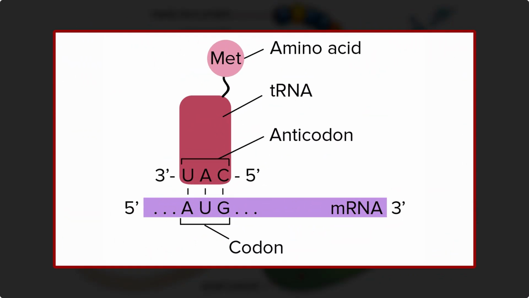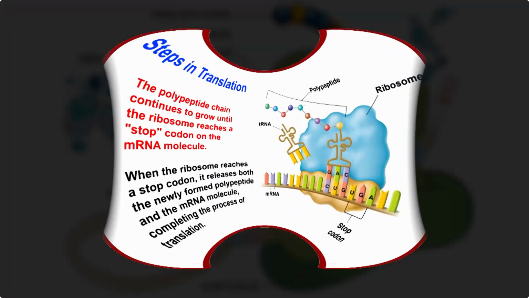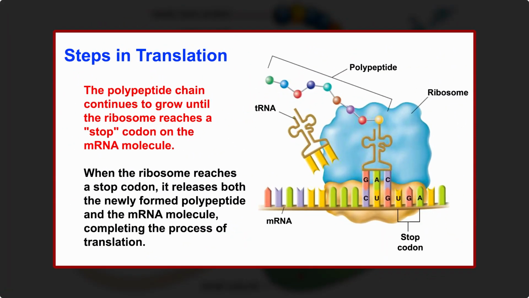When tRNA is bound to mRNA, the tRNA then releases its amino acid. rRNA then helps to form bonds between amino acids as they are transported to the ribosomes one by one, thus creating a polypeptide chain. The polypeptide chain keeps growing until it reaches a stop codon.